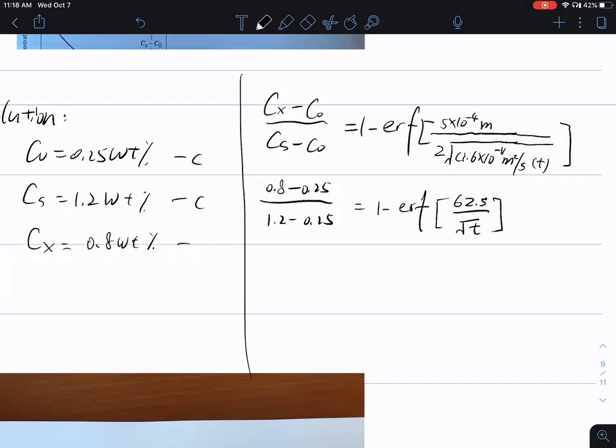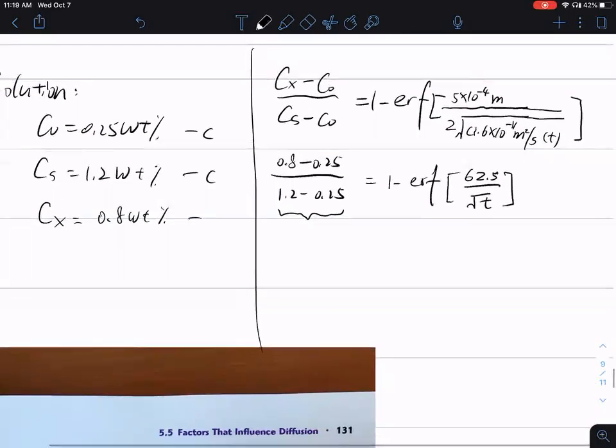And on the left-hand side, if you do the calculation, what's the number? 0.8 minus 0.25, that's 0.55, divided by 1.2 minus 0.15. That's 1.05. That should give you a number that's about 0.421.